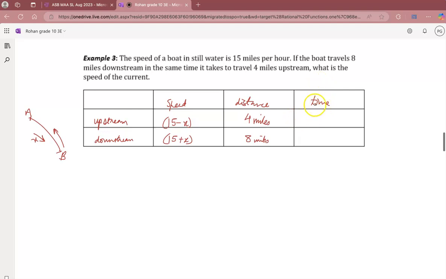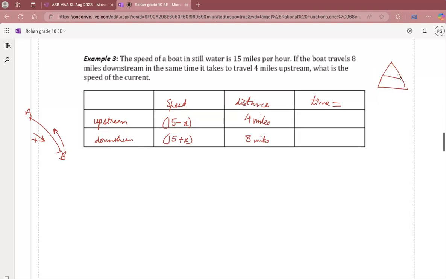The time is the same. So what is the formula of time first of all? Speed times distance. No, sorry. Distance over speed. You know the magic triangle? Speed times time is distance.